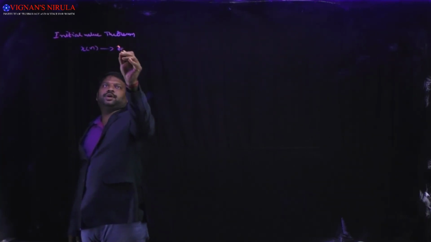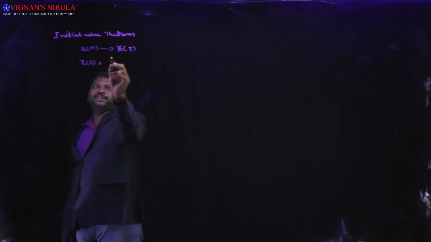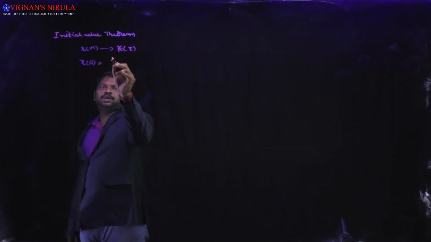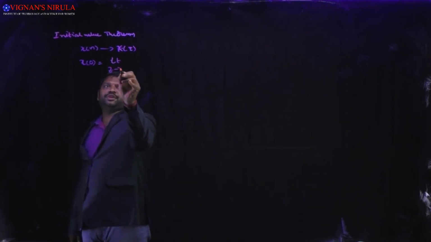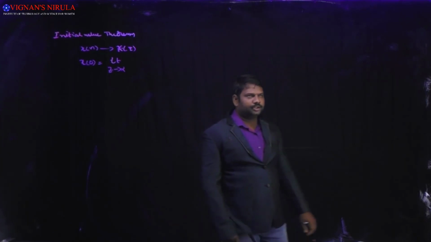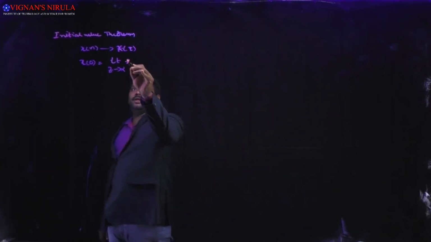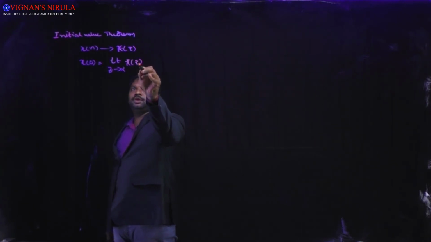Now the initial value: x of n whose z transform is x of z, then x of 0 is the limit as z tends to infinity of x of z.